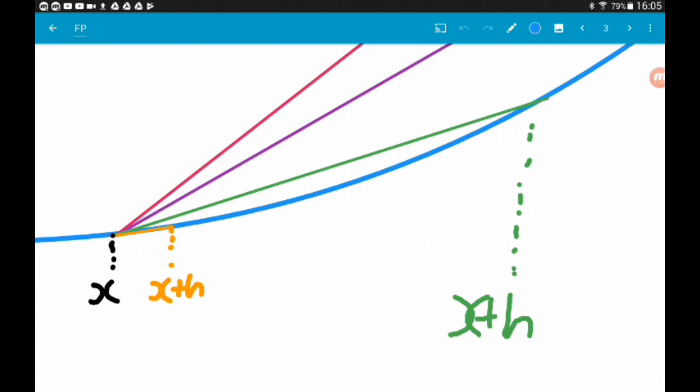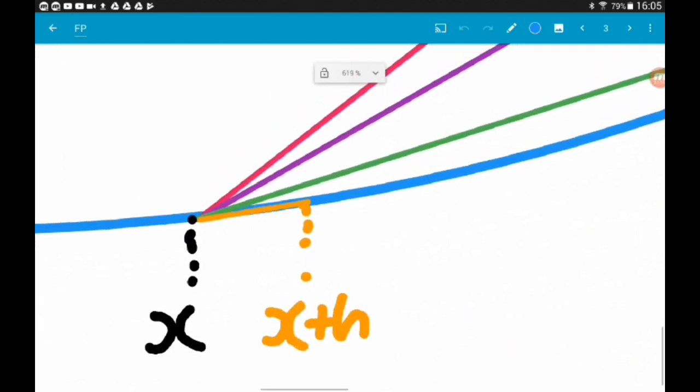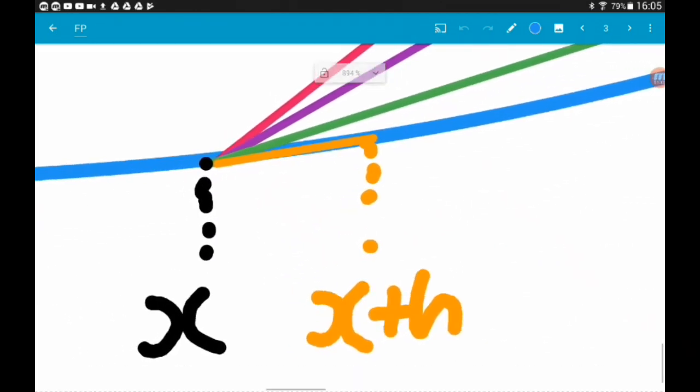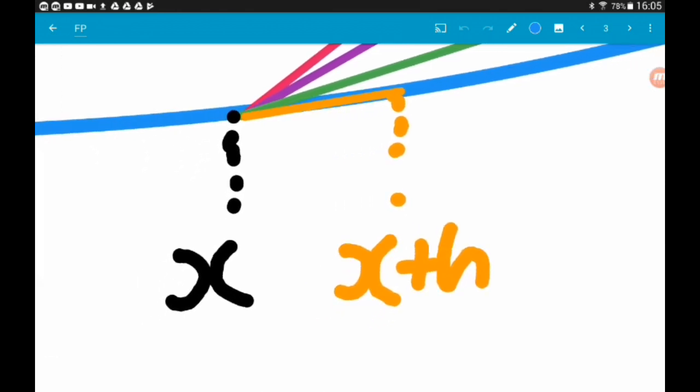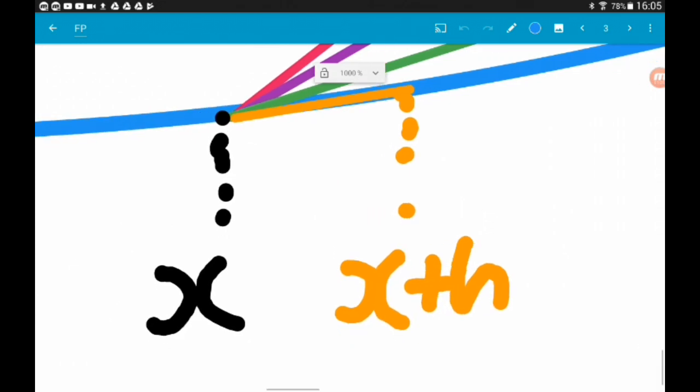If we make it even smaller, so if we now look at this orange x plus h, we can see that this orange straight line pretty much just goes along the curve. When we've zoomed in this far, the curve between these two points is pretty much a straight line. So this chord gives us our best approximation here of the gradient of the curve, because h is as small as possible.